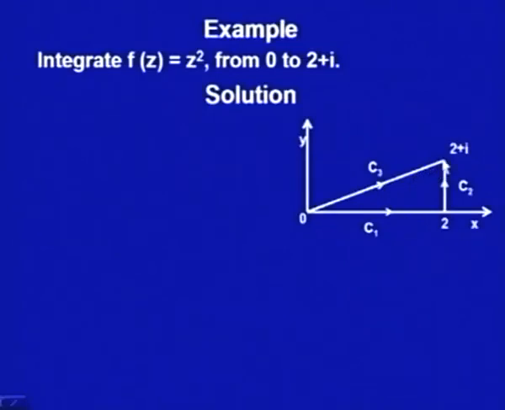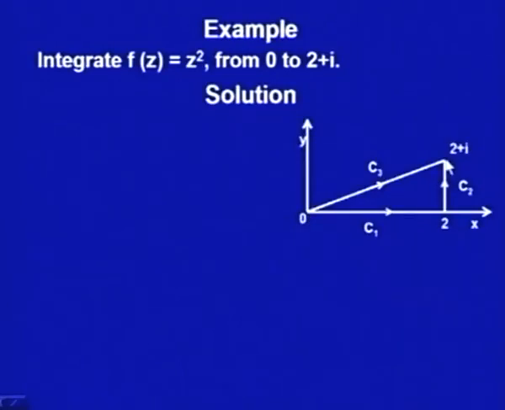The complex plane we can always define as a two-dimensional plane, where this dimension is x and this is y. So, z is x plus iy, and any point x plus iy we define as (x, y). So, 2 plus i means 2 and the multiple of i is 1, that is (2, 1). So, I have to reach from this point to this point.